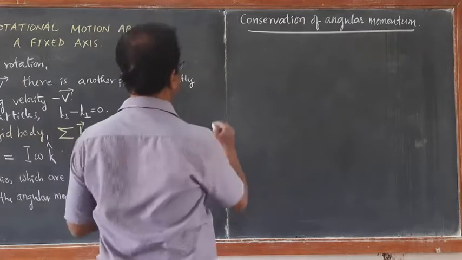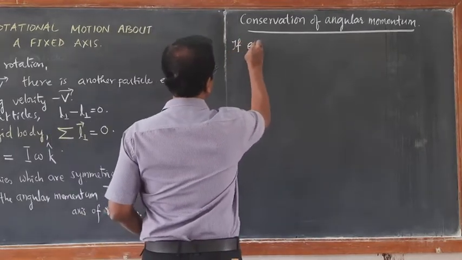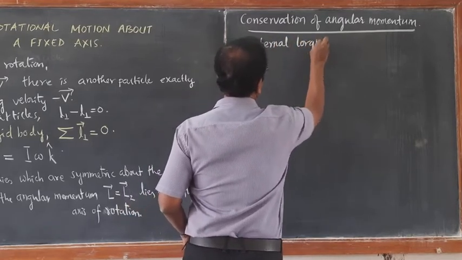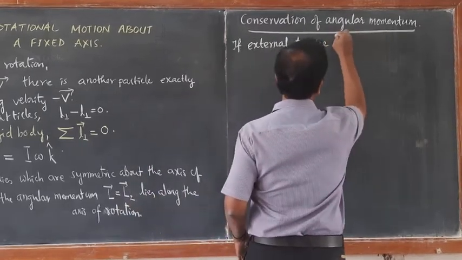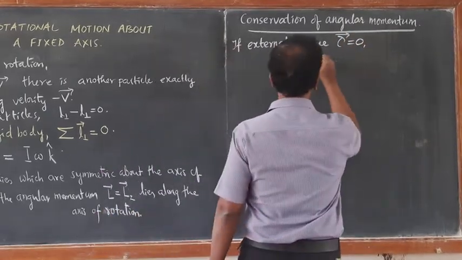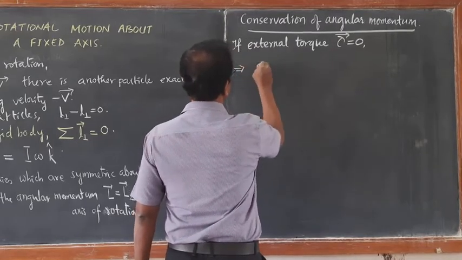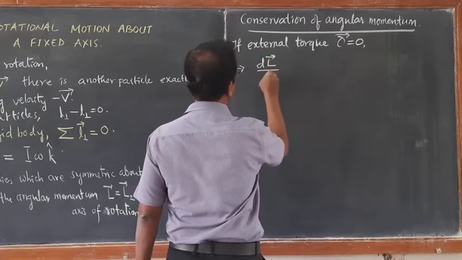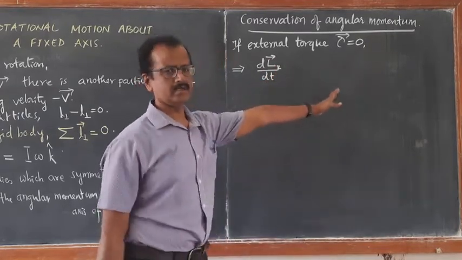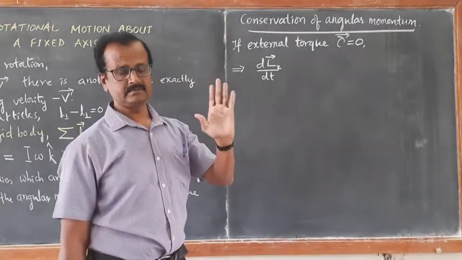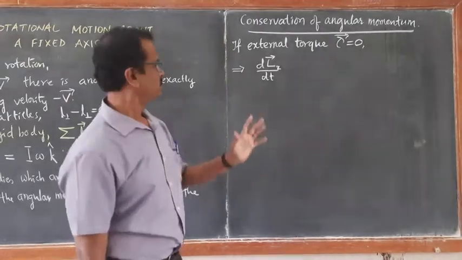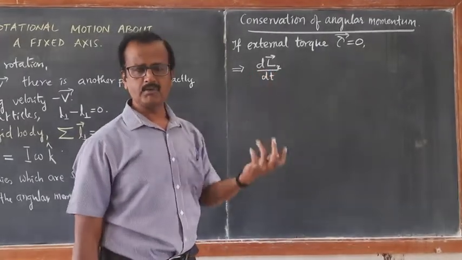If the external torque tau on the body, tau vector, is 0, then this implies dL by dt about the z axis is 0, because the torque is also acting along the z axis. The direction of the external torque is about the axis of rotation, and the angular momentum is also about the axis of rotation.